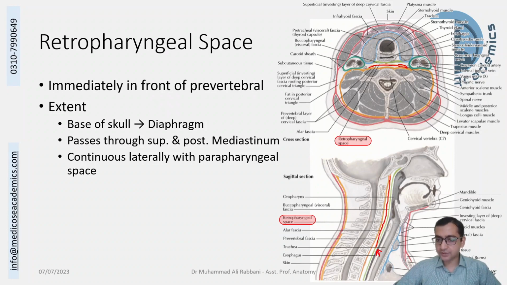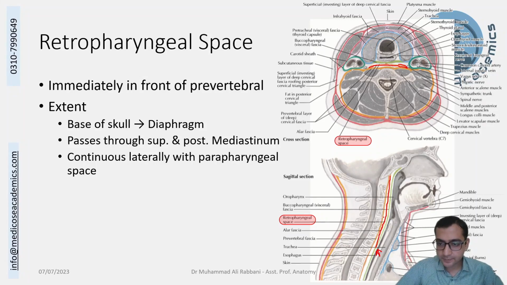So the part of the retropharyngeal space that was behind the alar fascia goes all the way down; it is continuous with the posterior mediastinum. But the part in front of it is limited right here.